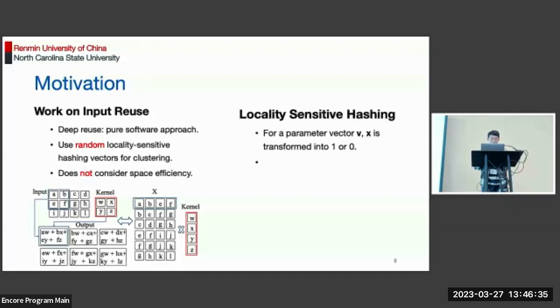Deep reuse uses several hashing vectors, so it actually increases the space usage. In reference to locality-sensitive hashing, for a parameter vector v, the input vector x is transformed into 1 or 0 through the following hashing function.